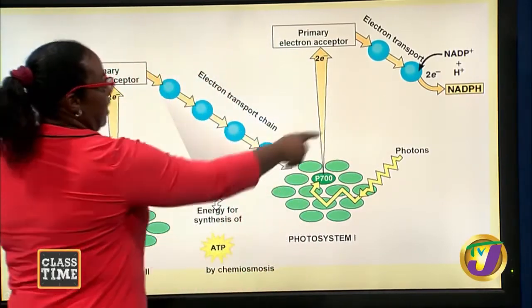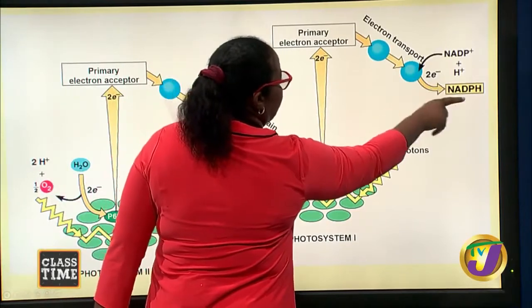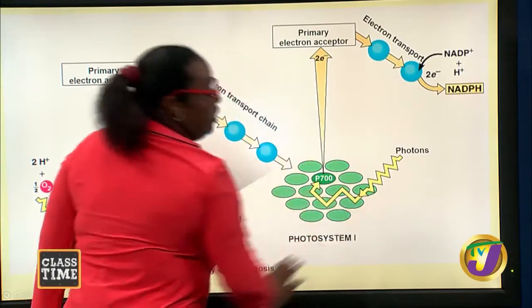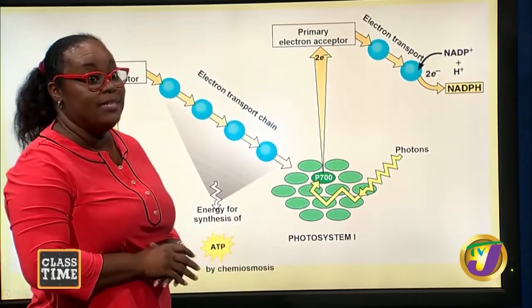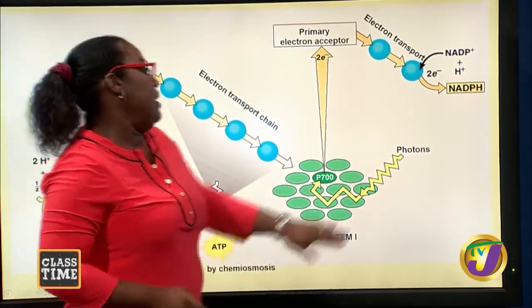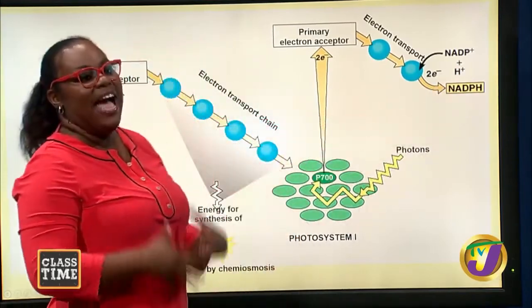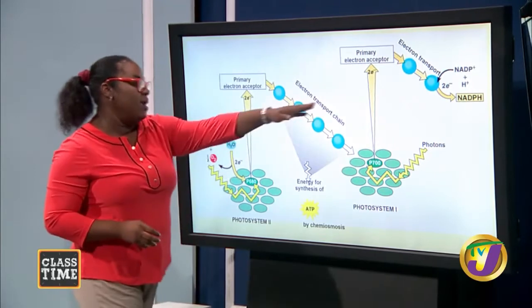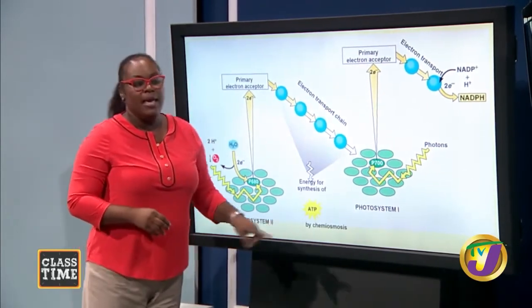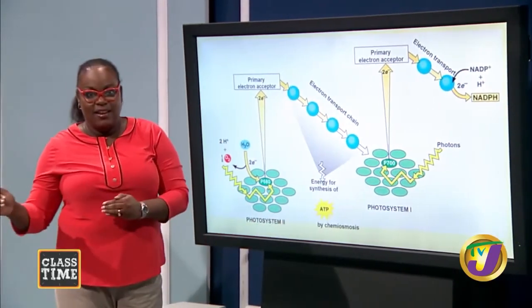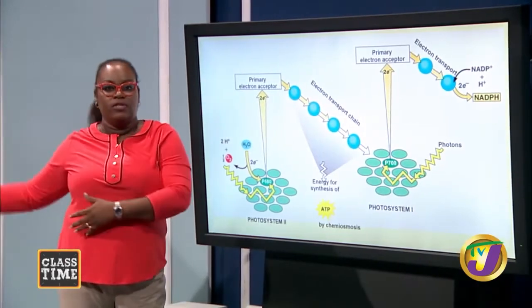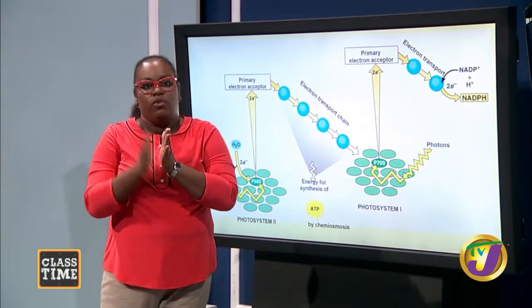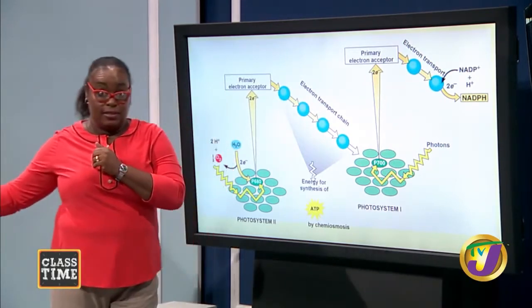But please note that NADPH has collected these 2 electrons at a higher energy level compared to where these electrons started out, which means NADPH has a very high energy bound into it. Therefore, it, along with ATP, can provide the energy needed to fuel the light-independent stage, which is the next stage of photosynthesis.